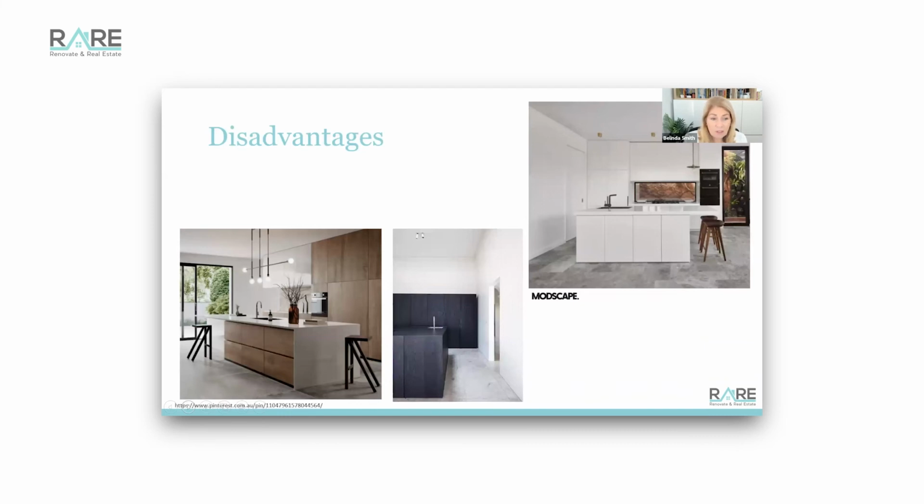And the disadvantages, and this is a real personal thing, I think the main disadvantage is that for me, modern is just a little bit too cold. I had a real estate agent come to my place when I was selling, and she loved this modern feel, and she wanted me to strip every single bench, just like these benches here, of anything.